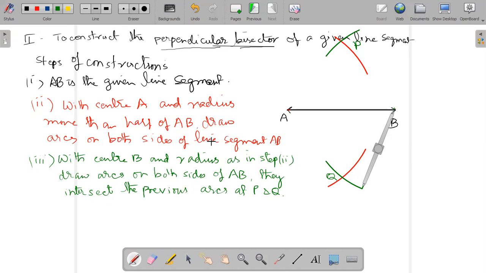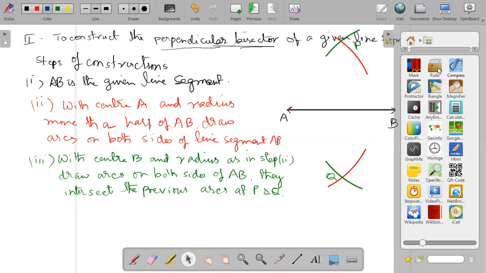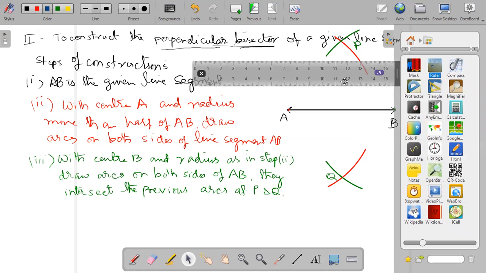And the last step is joining P and Q. Now there is no need of this one. Now we have to draw the line which joins P and Q. For that we need a ruler. Okay, are you doing it with me? Take out the ruler now.